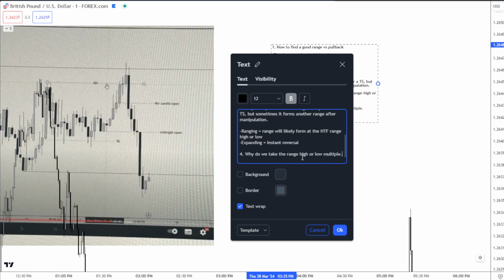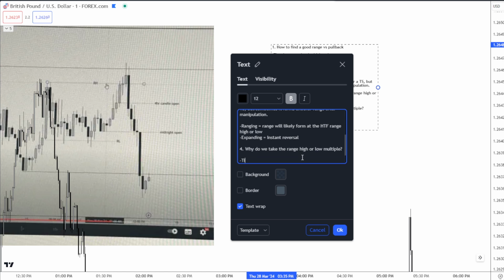So how do you know when to enter? First of all would be time, right? When we tap into a range high or low and time doesn't align, it often won't do the reversal, right? Because time doesn't align. So first of all, you've got to wait for time to align.